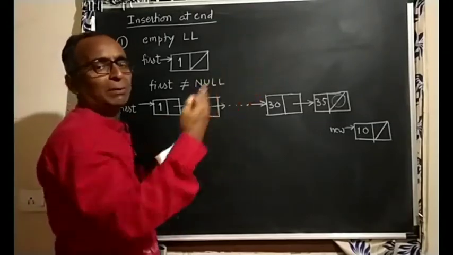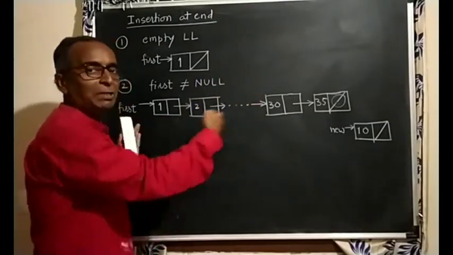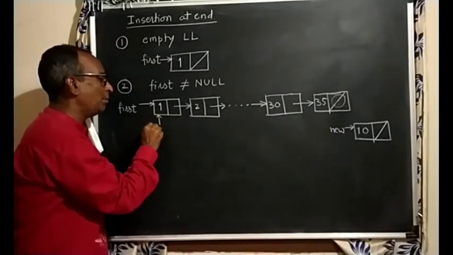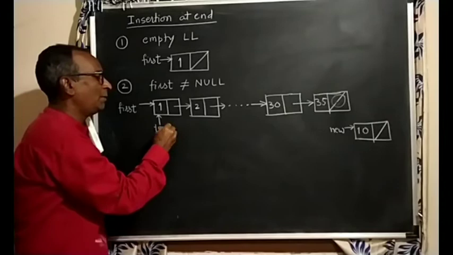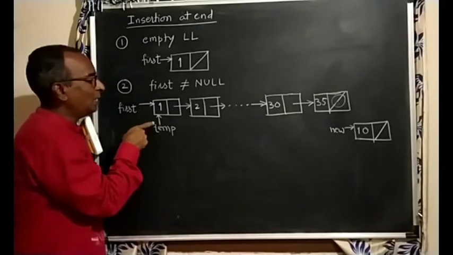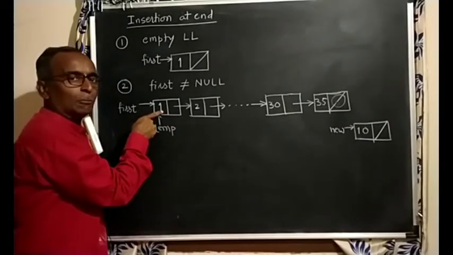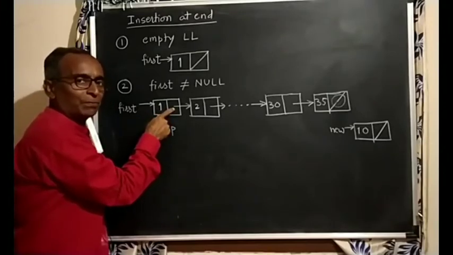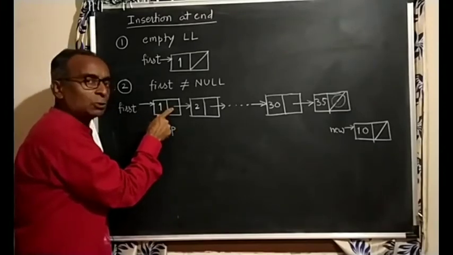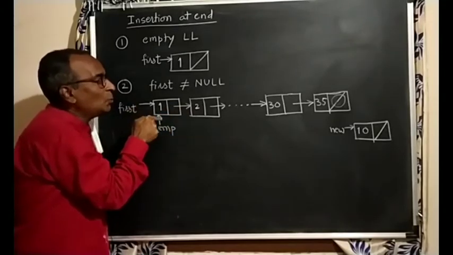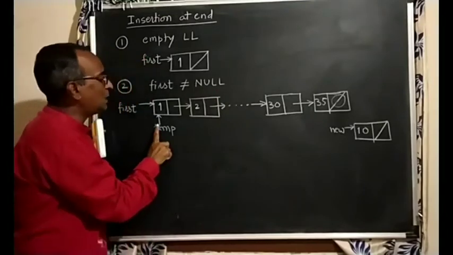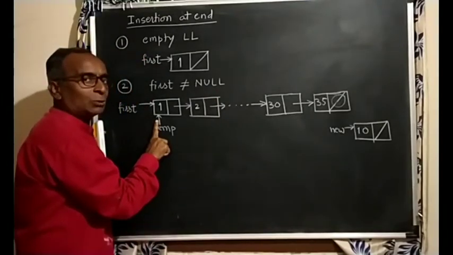Again there is a requirement of traversing because it has sequential access. So again same thing, I'll take temp as temporary variable. I'll check, is it the last node? No. Why? Because this link field is not null. You find the last node when its link field is null. So I'll say temp, is it last node?